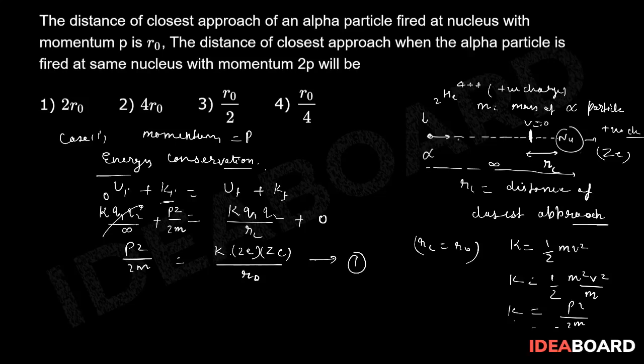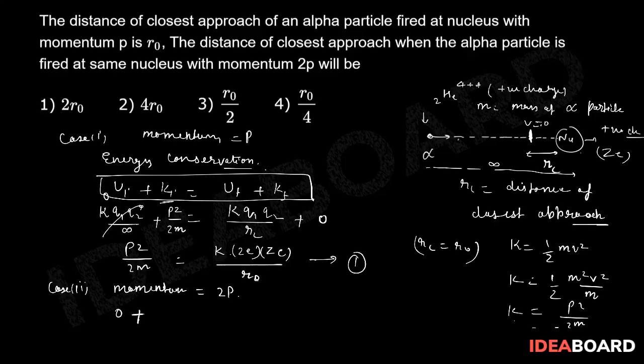Okay, if I utilize this further in case number 2, the second case says momentum is equal to 2p this time. So what do I observe? U initial plus K initial. U initial is again 0, K initial will be, instead of p square, 2p square by 2m, is equal to K Q1 Q2 by RC dash.